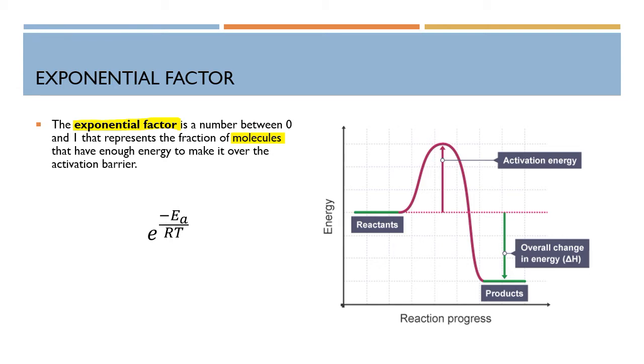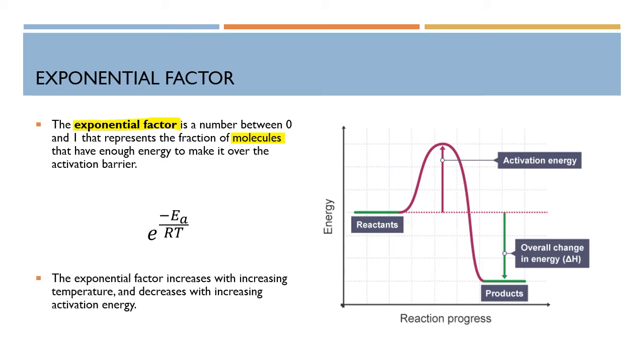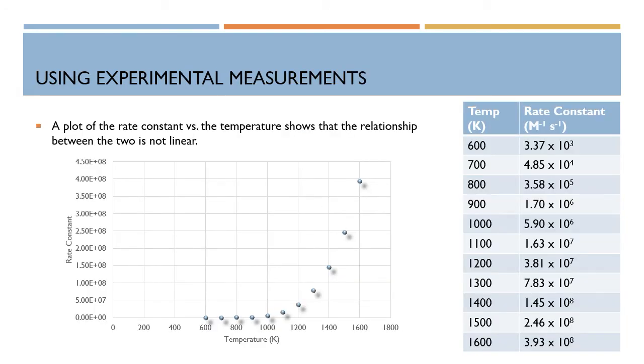The exponential factor is e to the power of e to the negative EA over RT. The exponential factor increases with increasing temperature, and it decreases with increasing activation energy. That means the hotter a reaction, the more times it will actually reach the top of that hill.